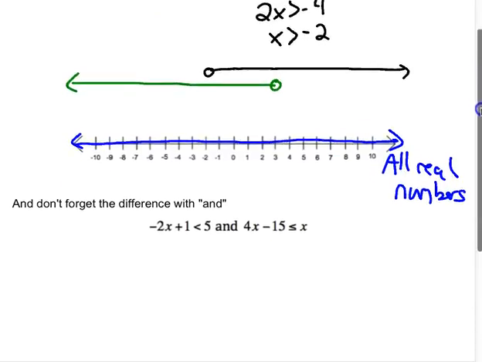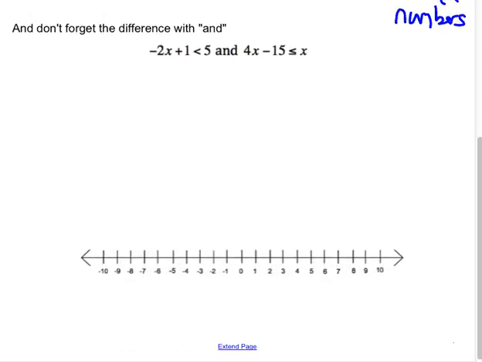Now, don't forget, though, how to do the "and," because come test time, you obviously won't be told what method to use. You have to know. So remember, for "and" situations, it starts off the same. Subtract the 1, divide by negative 2.